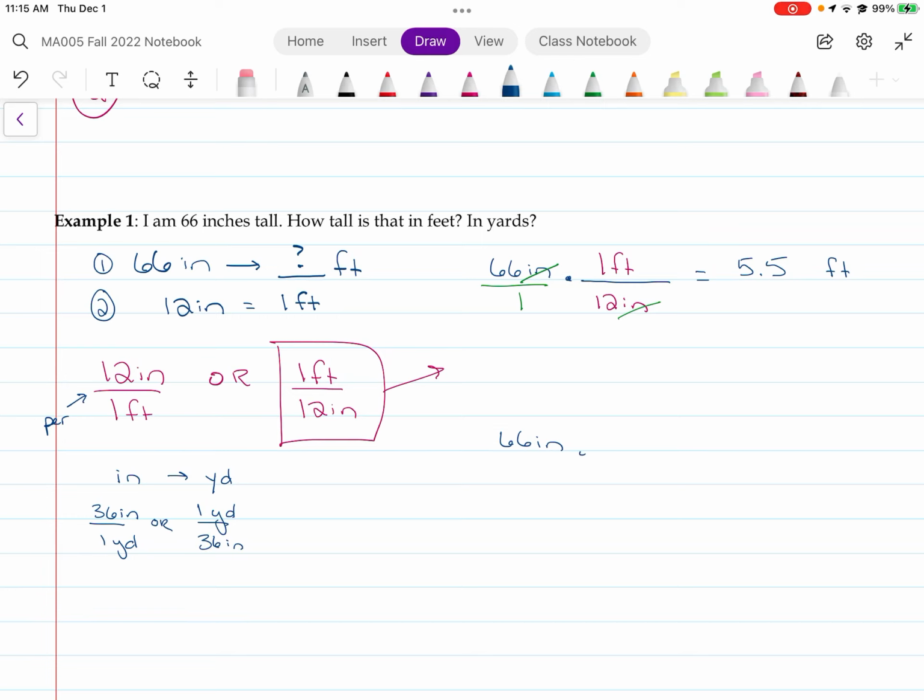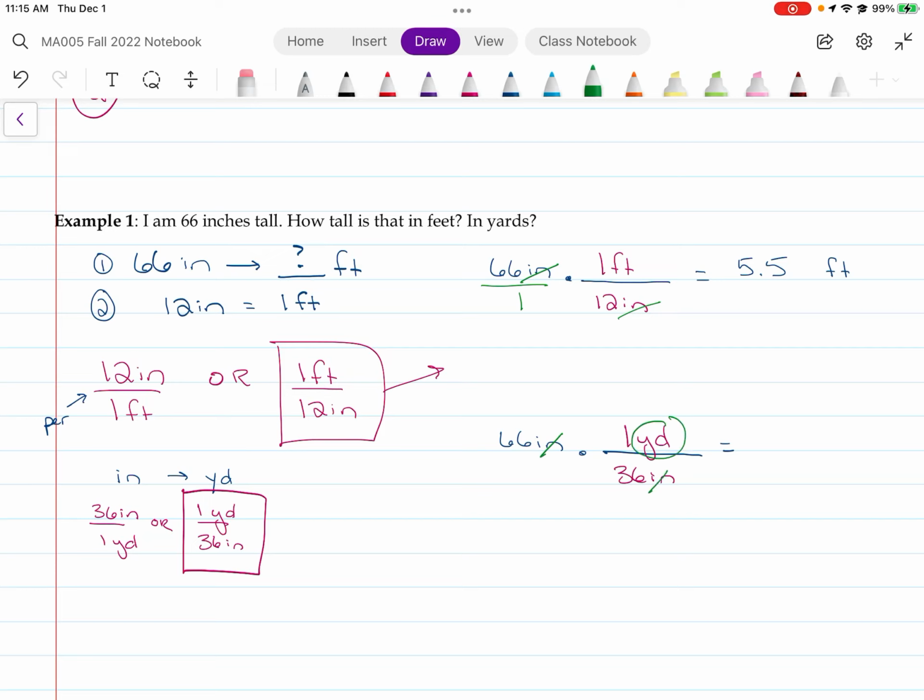So which one is it going to be? That's the question. All right, so which one of these am I going to choose so that the inches cancels and the yard stays on top? And that is that one. So I get 1 yard per 36 inches. And that is going to give me, inches are going to cancel, and I'm left with yards.